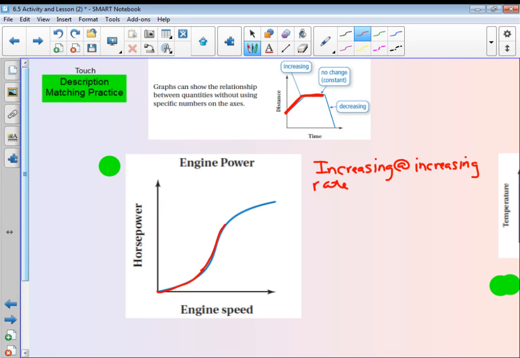Okay, and then it increases, and then it still continues to increase, but it slows that increasing rate. At a slower rate.